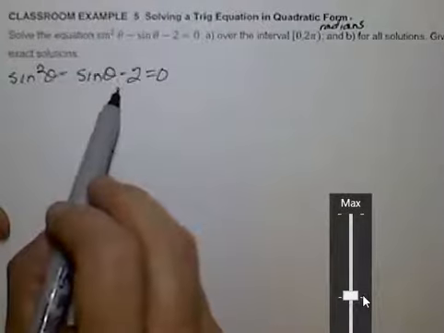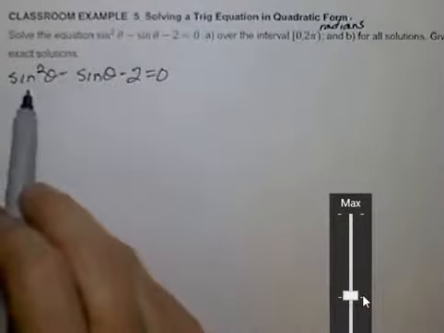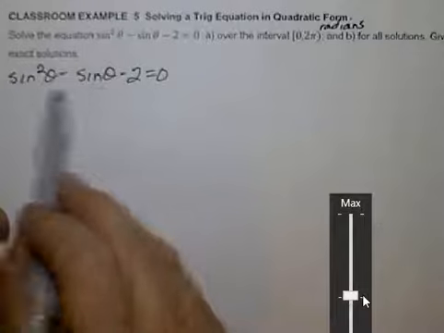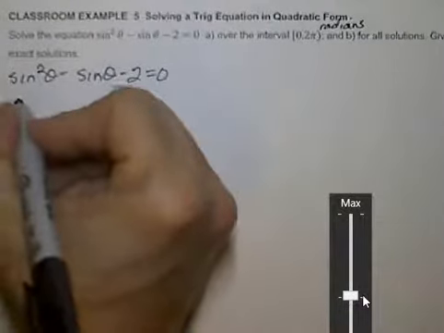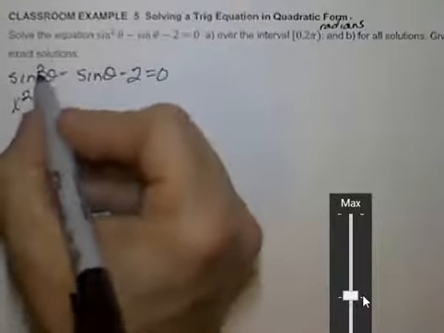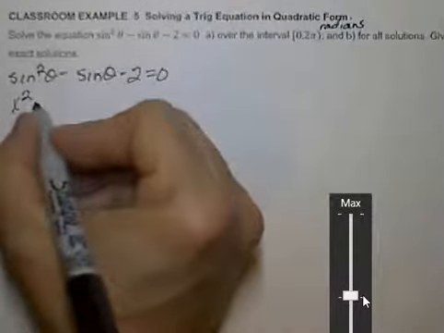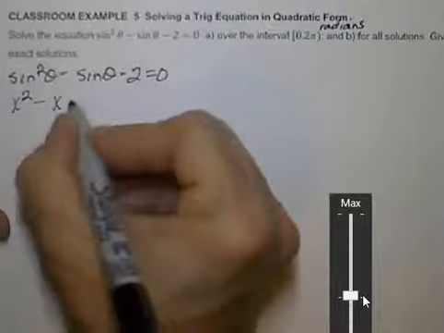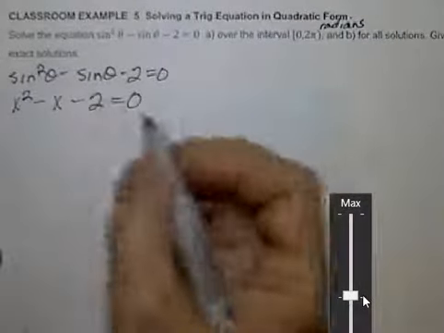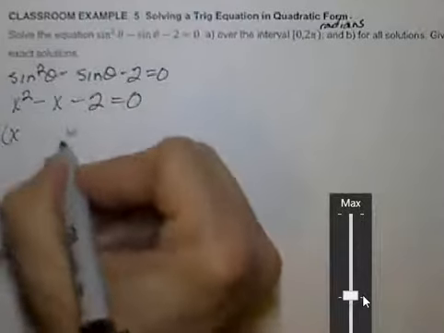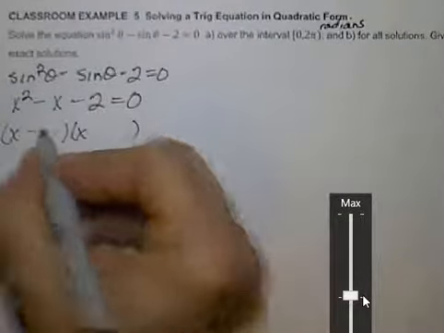What we want to try to do with this is factor it, so we want to think of it as a trinomial. If you want to put an x in place of the sine of theta, that might make it easier to think about how to factor it. So instead of sine squared, you can make that x squared, and make that x, and make that a minus 2. Then we're doing trinomial factoring, so we have an x and an x.